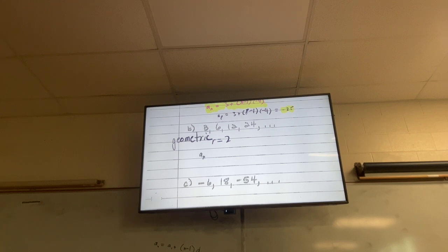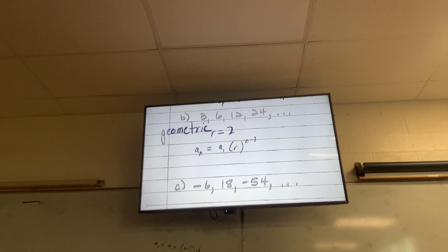This one, the rule is a sub n equals a sub 1 times r to the n minus 1. Okay, so what's my a sub 1 here? What's the first term? And what's my r? There you go.